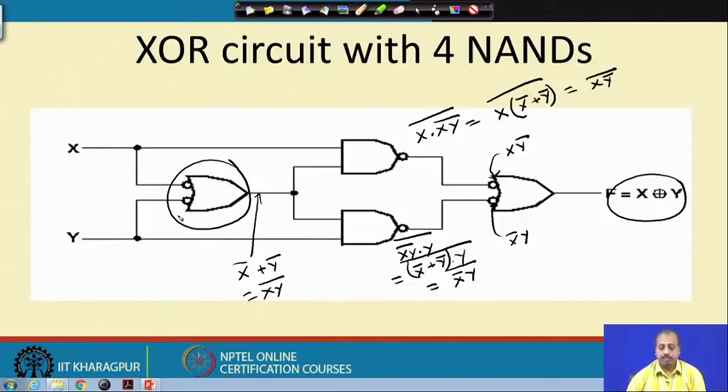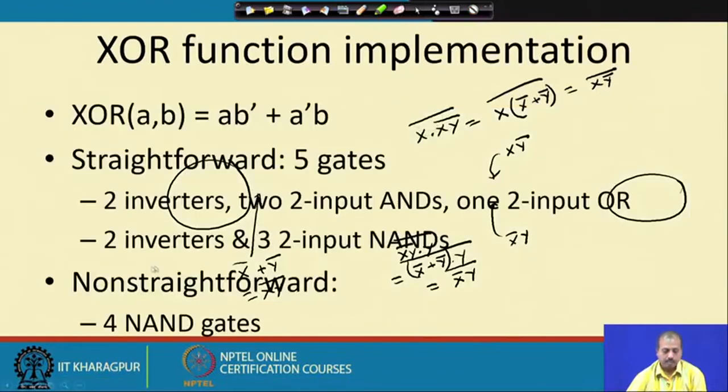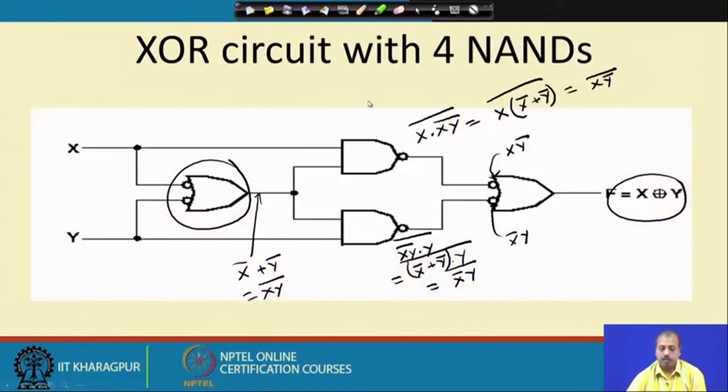Okay. So, that is better, we can save some gates. In the previous implementation we had 2 inverters and 3 two-input NAND gates, but in this implementation we have only 4 NAND gates. So, we are saving some gates. This may be useful in some situations.